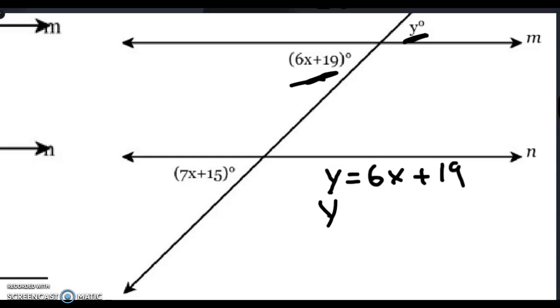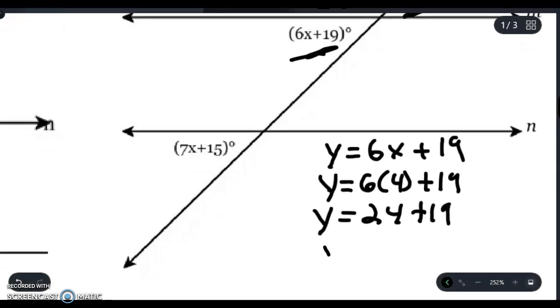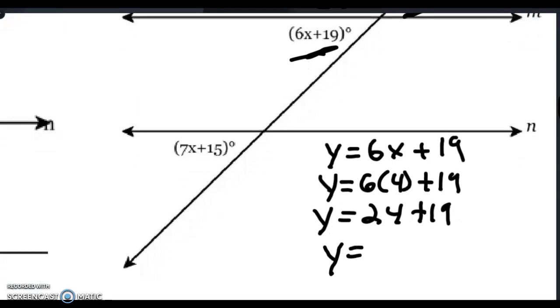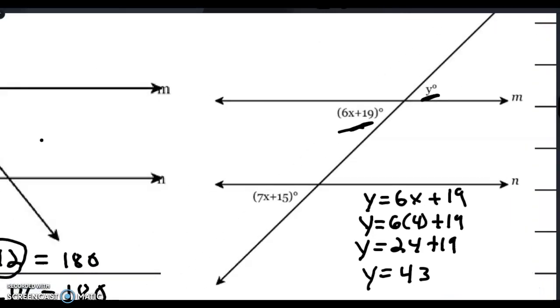So I'm going to plug in 6 times x, which is 4, plus 19. And then I get y is equal to 24 plus 19. And then y is equal to 43. So now we found x, which is 4, and y, which is 43.